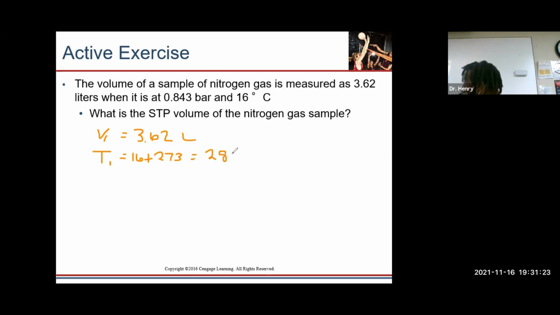So it's 289 K. And then our P1. Okay. So make sure that we pay attention to the units to let us know which one is which, right? Because otherwise that's going to give us definitely the wrong answer.